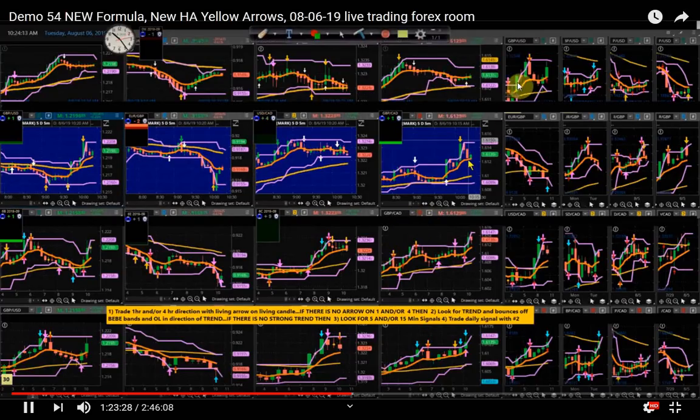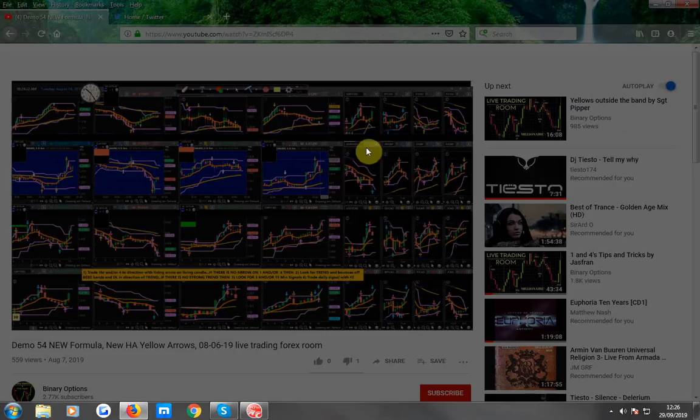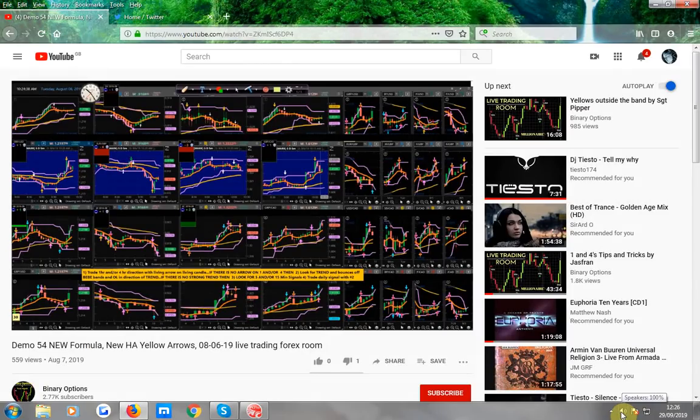Nova, I know you were asking about the 1 and 4s, and I think I've gone through quite a bit on the 1 and 4s today again, showing you what happens when you burst these BB bands. If you have any more questions, ask MB and PP. Oh dear.